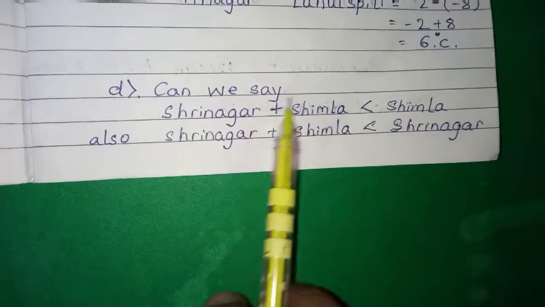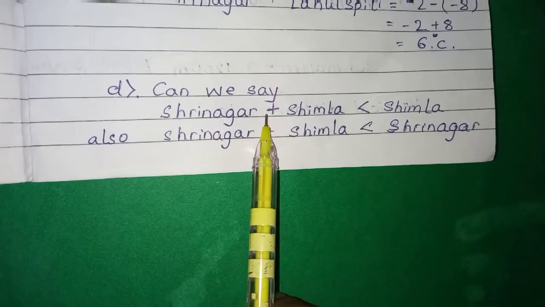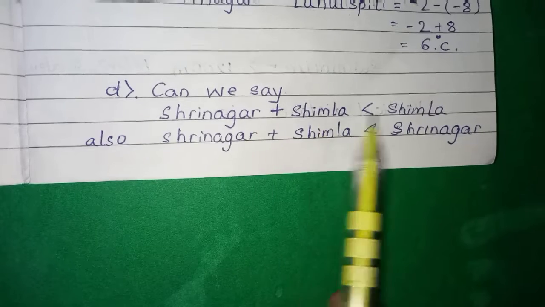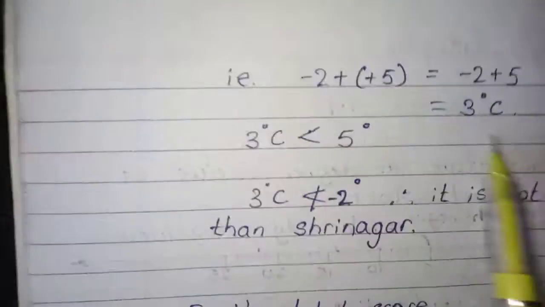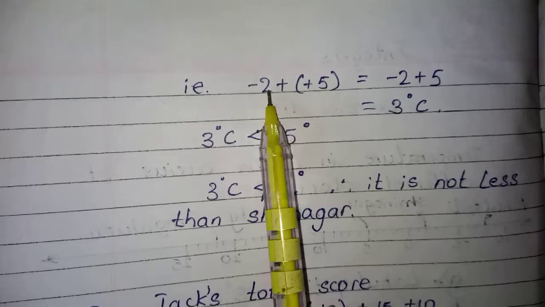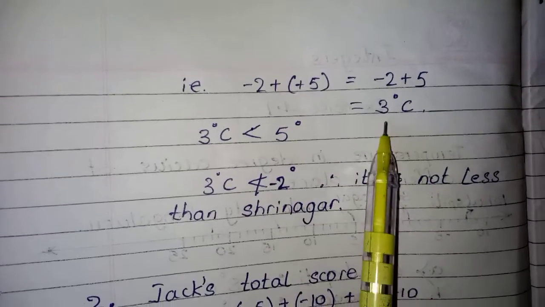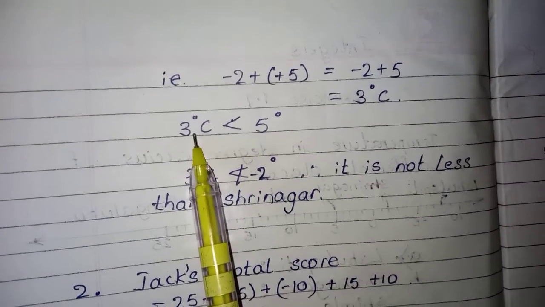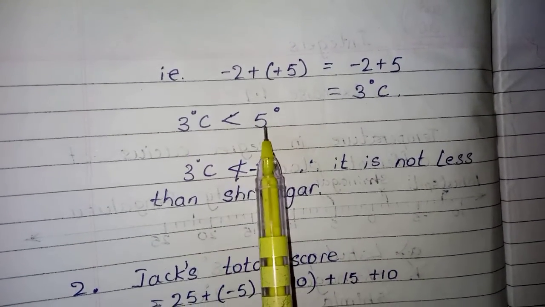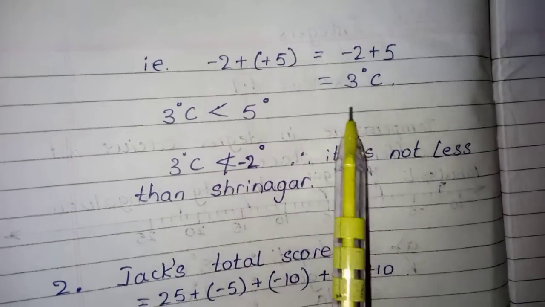Now the next statement: can we say Srinagar and Shimla put together is less than Shimla, and also Srinagar plus Shimla is less than Srinagar? Let's put the values. It becomes minus 2 plus 5, which is 3 degrees centigrade. 3 degrees centigrade is less than 5 degrees centigrade, so the first statement is true.